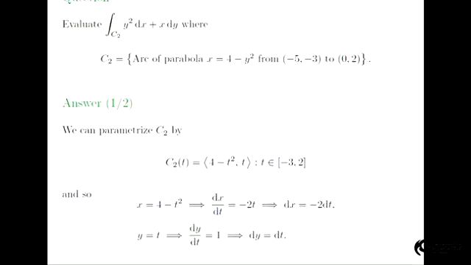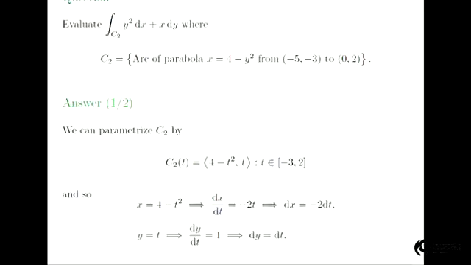Okay, so I'm saying that this is parameterized by 4 minus t squared, t, such that t is from minus 3 to 2. So this tells us what?